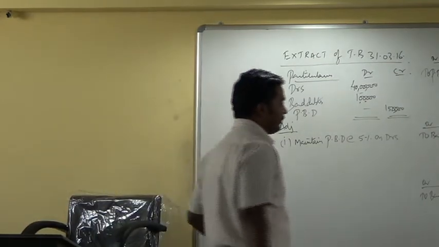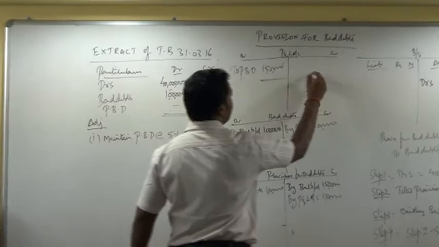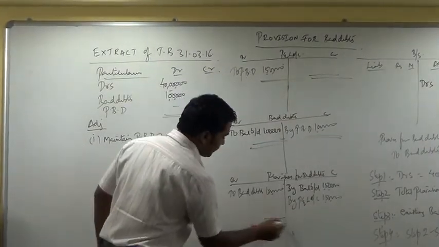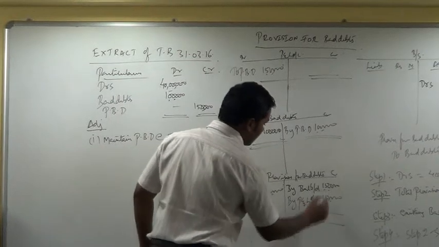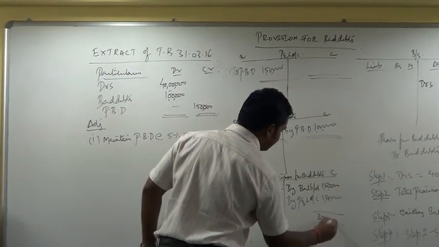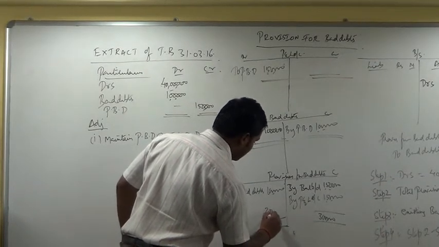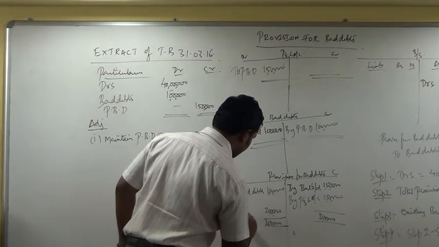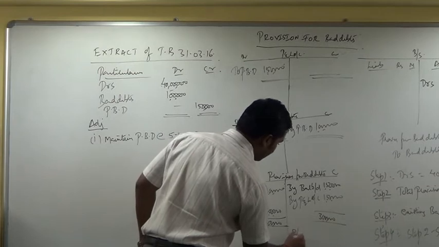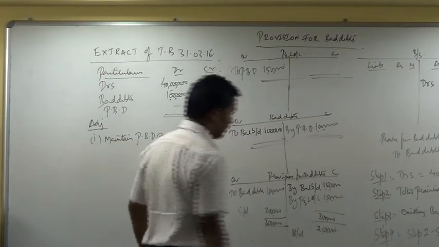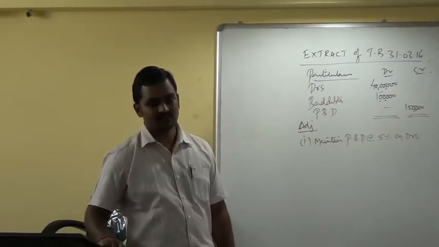Now we can balance the provision account. We can close the P&L account. Close the bad debts account. Provision for bad debts account: credit side total is 3 lakh. 3 lakhs minus 1 lakh. It is a balance of only 2 lakh. Carried down 2 lakh. Brought down 2 lakh.